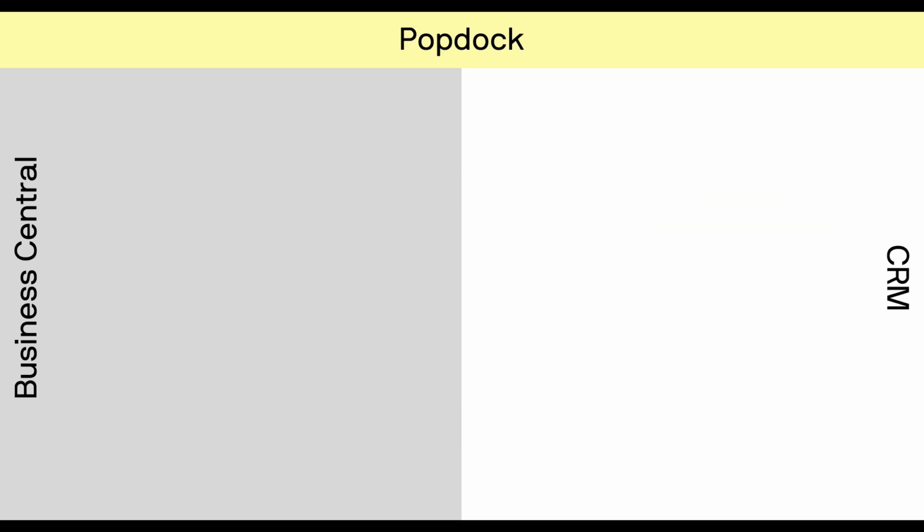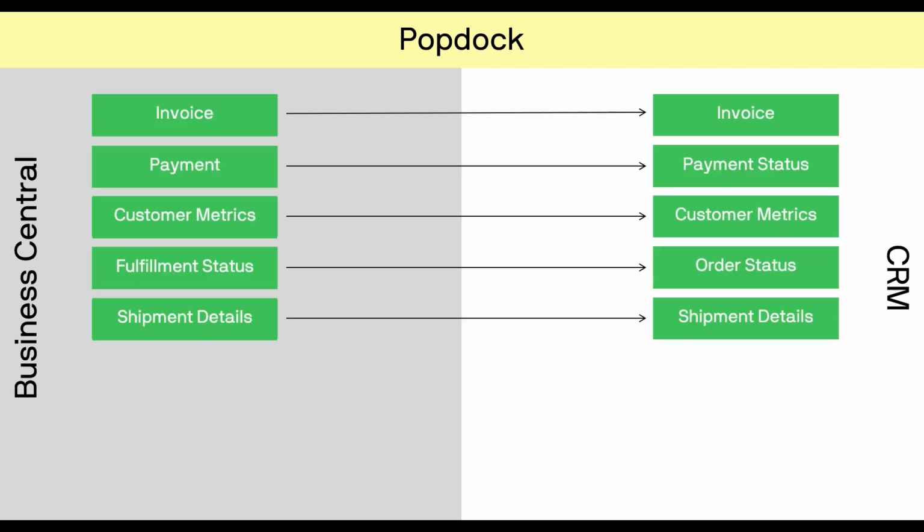Okay, now Popdock, you heard me mention virtual integration. I will show you an example of a virtual integration here in just a moment. But some of the really common ones from Business Central, I can report to CRM all kinds of information without having to physically move that data across, right?